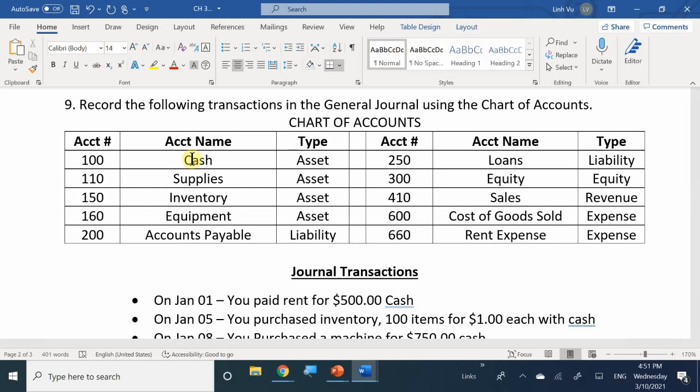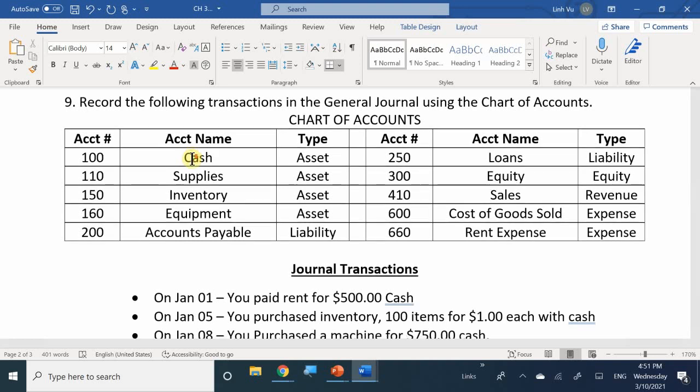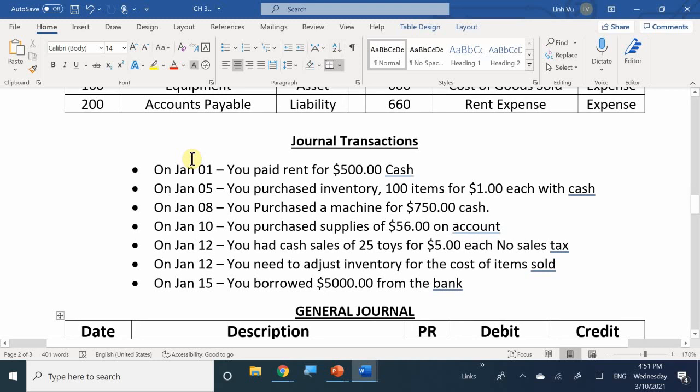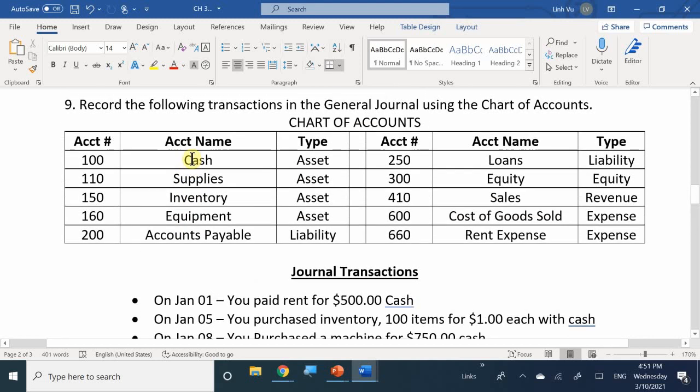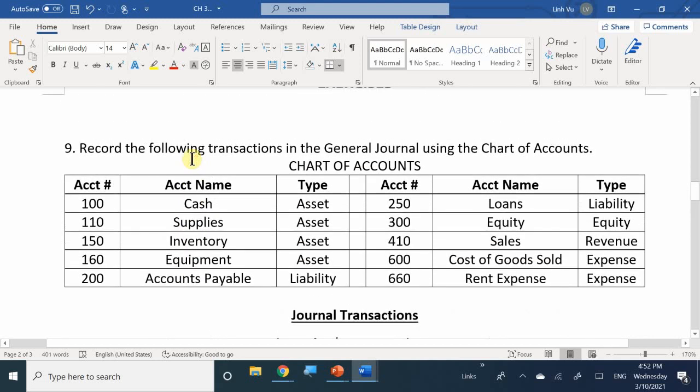410, we already recorded the sales. So in this case, I'm looking to adjust for the cost of selling the items. So listen to cost of goods sold. What kind of account is a cost of goods sold?